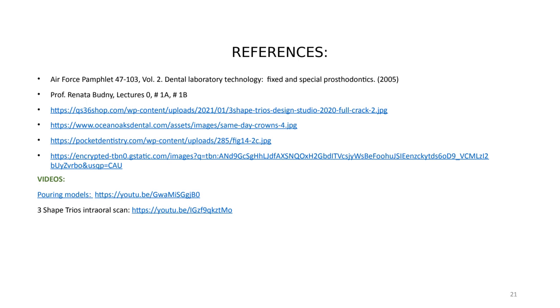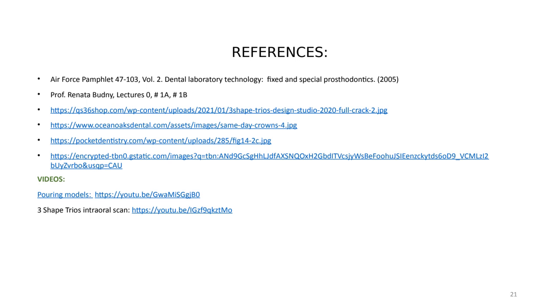So this is what it entails to fabricate a cast and a model. We're looking for accuracy of the impression based on the dentist's ability to take an accurate impression using the right dental material.